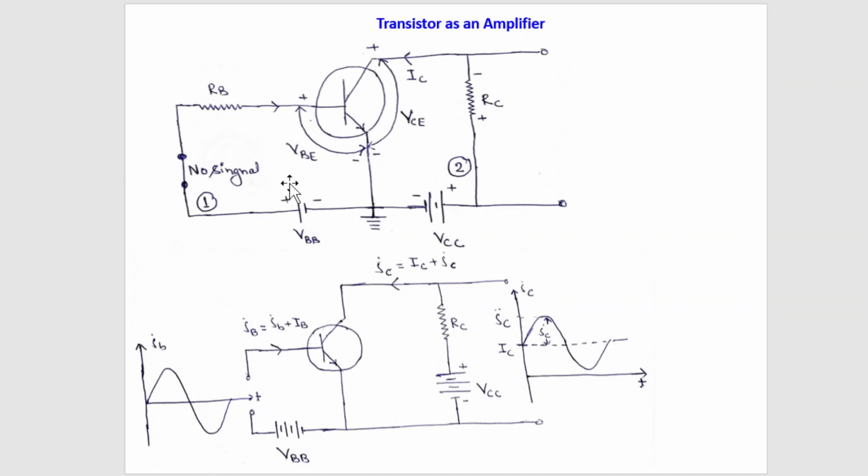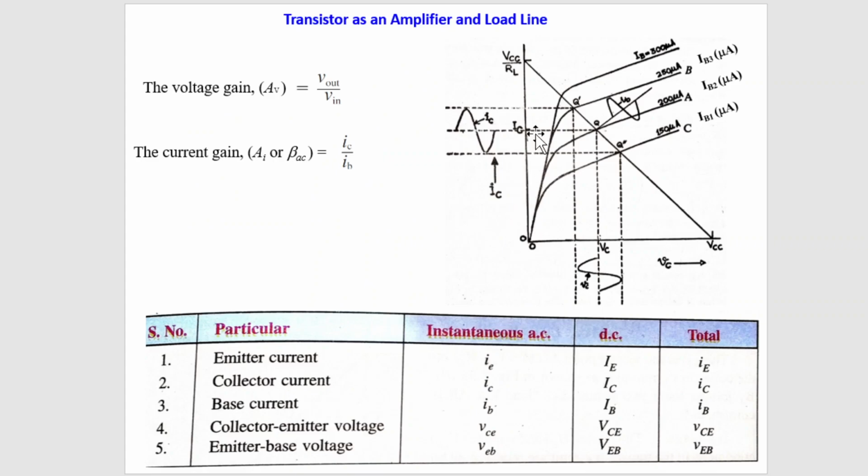When there was no AC signal, the load line we drew was called a DC load line. But in order to use a transistor as an amplifier, it is sufficient to draw the DC load line and find the Q point.